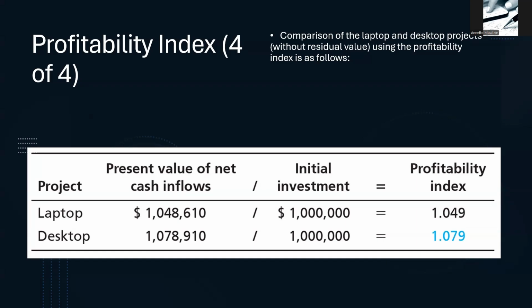So because Smart Touch Learning chose the desktop project over the laptop project, the laptop is the opportunity cost. And remember, the opportunity cost is the benefit foregone by not choosing an alternative course of action.